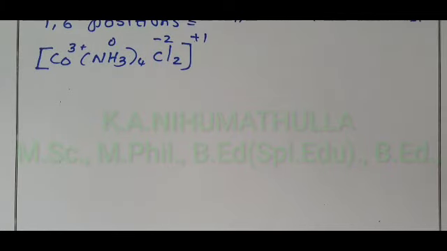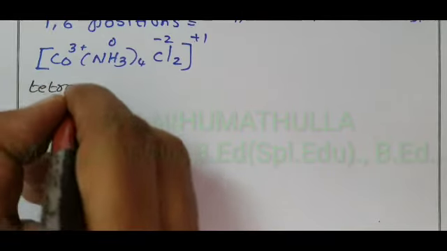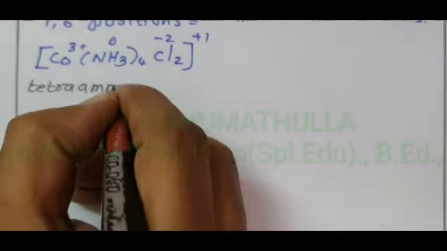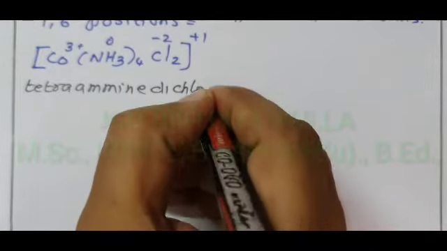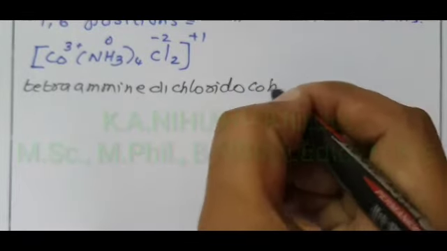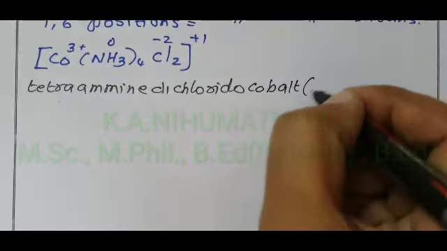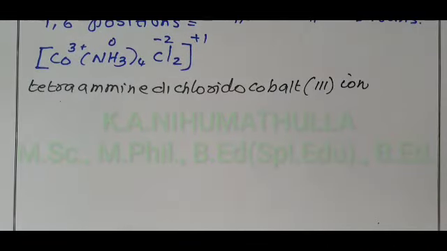Tetraamine, A is first, tetraamine, dichlorido, central metal ion cobalt, oxidation state 3, cobalt 3 ion: tetraamminedichloridocobalt(III) ion.